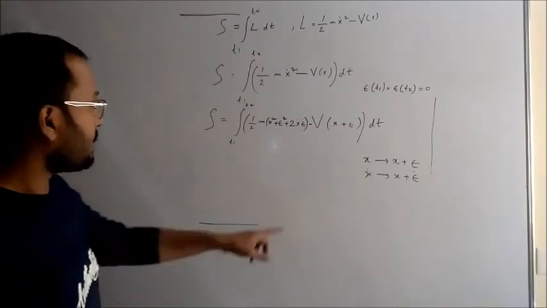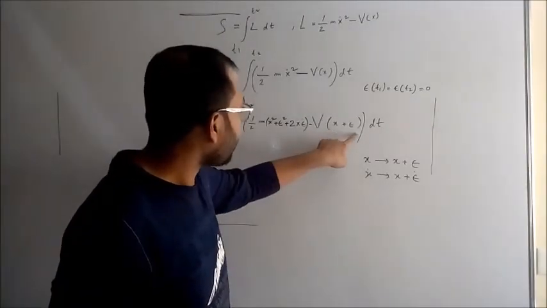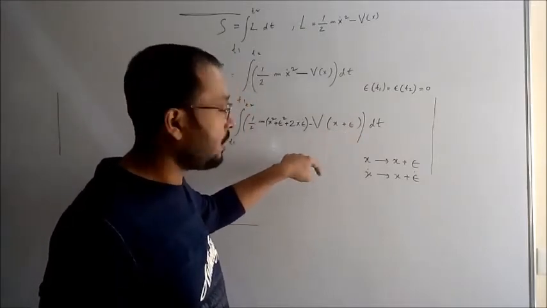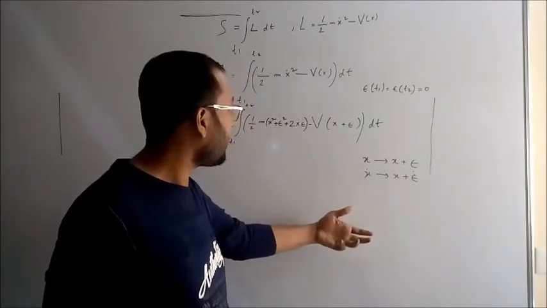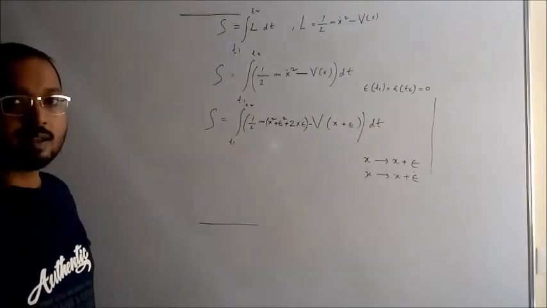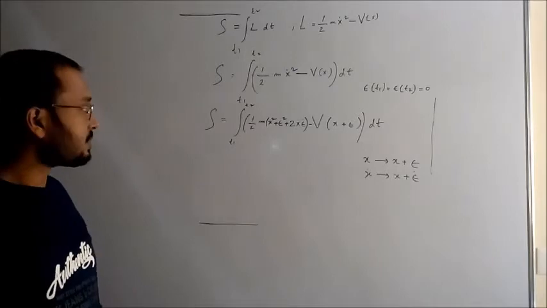And what can I do with v of x plus epsilon? Well, I can Taylor expand it and I can ignore higher order terms, terms containing higher powers of epsilon. Epsilon being small, its powers will be even smaller.